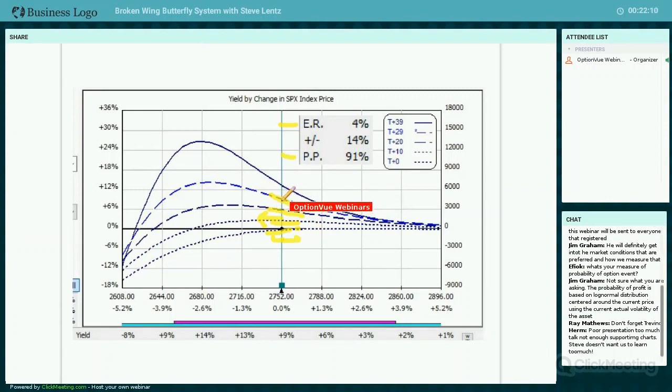We're leaning pretty strong to the left. So there is a built-in delta adjuster making the position more delta short as the position matures. See that? So we're not concerned with the upside, and as time goes on, the position self-adjusts to give us that hedge on the downside. And that makes for a very, very effective strategy.